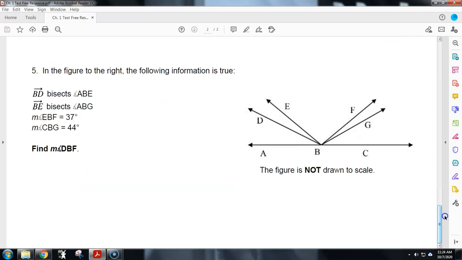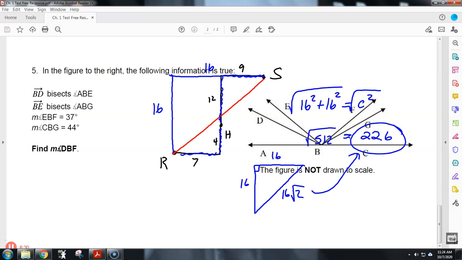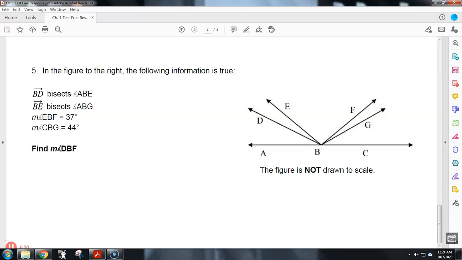And last problem, this was the tough one. This one's kind of tricky on the eyes, but BD chops in half ABE, so that means that this piece equals that piece. BE chops in half ABG, so this side is equal to this side.